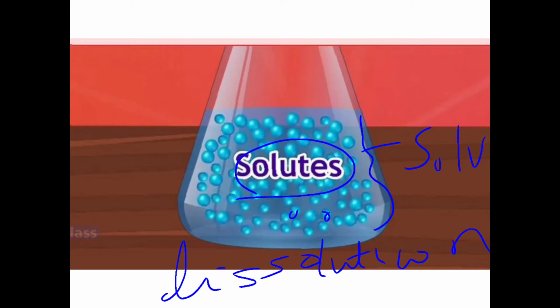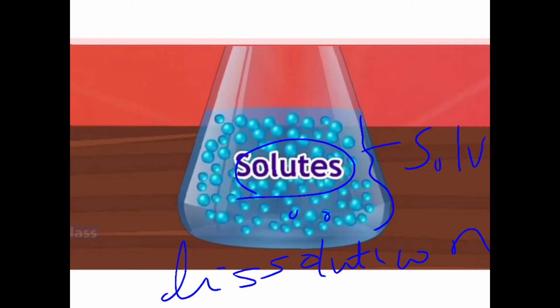Okay, so we have different solutions with us. For example, you have sea water which contains a lot of salts in it. Then we have salt water, we have sugar water.